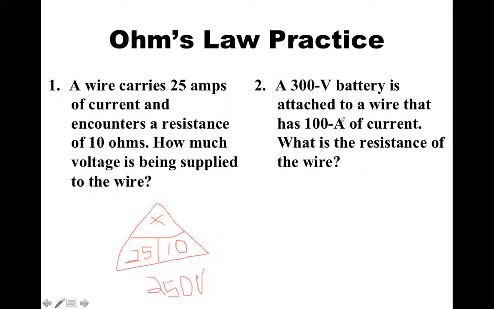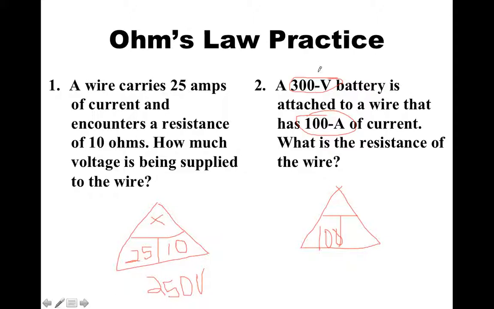Now let's look at the second problem. We got a 300 volt battery, and it's attached to a wire of 100 amps. Okay, we want to know the resistance. So what I'm going to do is draw my triangle, and we're going to fill in the information. So I know I got 100 amps, so remember the 100 goes right here.